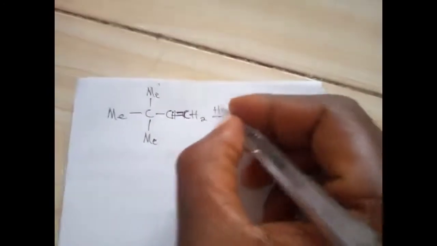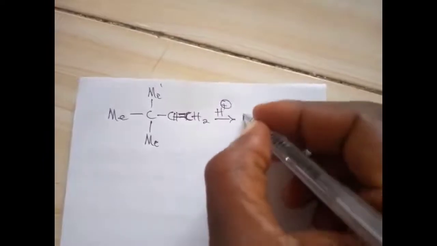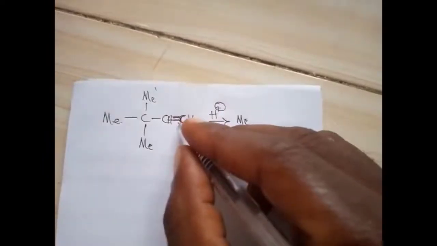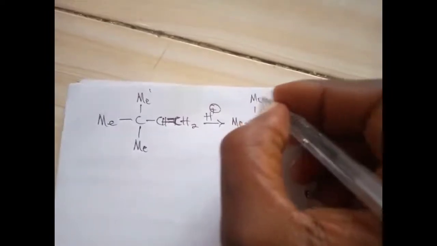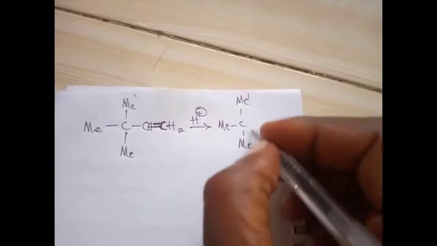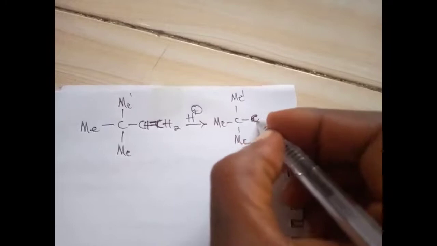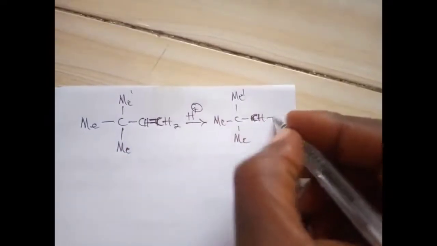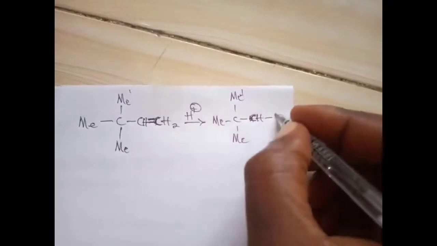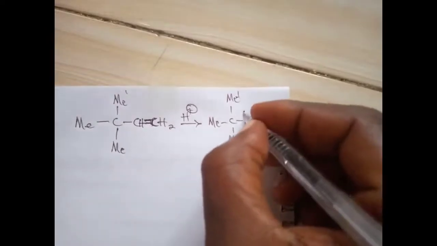If you add hydrogen ion to this, you're going to notice that the bond will be broken, and you're going to get something that looks like this. Okay, CH, then CH3 here, and this carbon atom becomes positively charged.